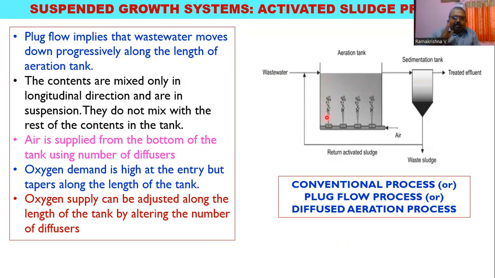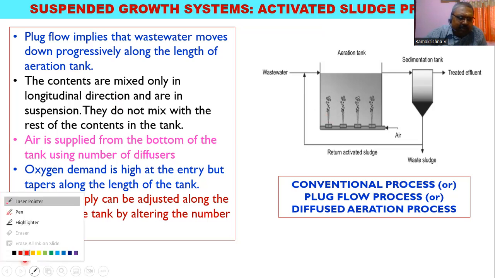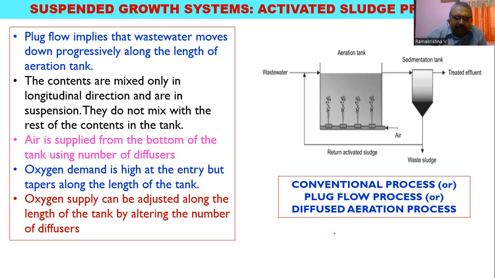That means when the water progresses in the tank from one direction to the opposite direction, it will have a spiral or circular pattern of mixing. Now you can see from this picture, for example, you have a tank like this.